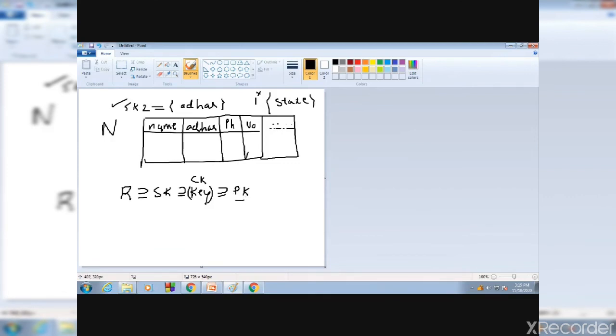Here the primary key can have one attribute or more than one attribute. Say maybe consider two attributes, A1 and A2, out of A1 to An, that is n number of attributes.